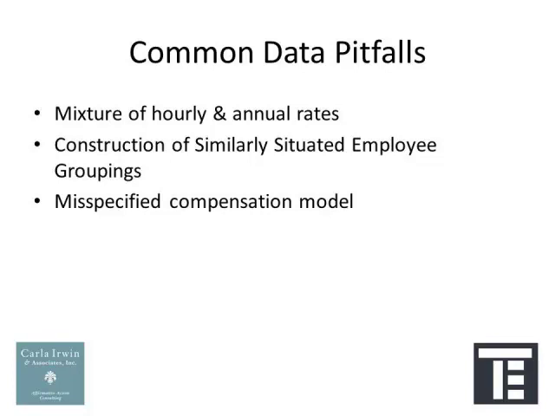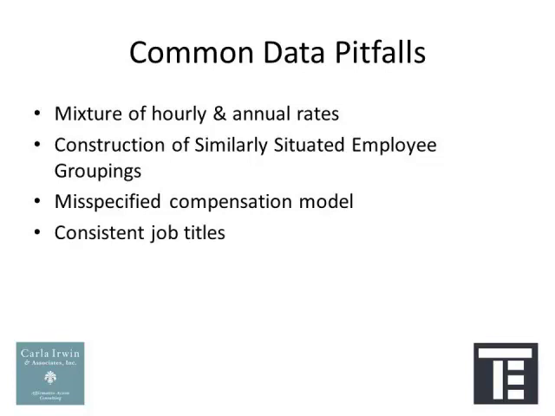To correctly model the compensation process, those pieces of information have to be incorporated. You have to include all the explanatory factors. So if you look at just the averages by gender, by age, by race, that's probably not going to give you a true picture of what's going on. So you really need to think about how your compensation is determined and make sure that the model that you use, if you're doing internal analyses, matches the way that people are really paid.